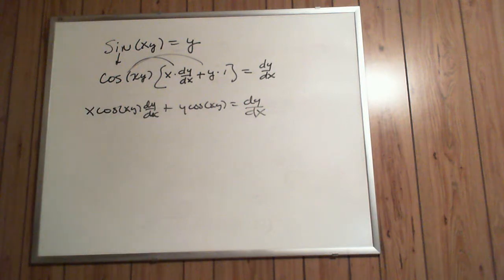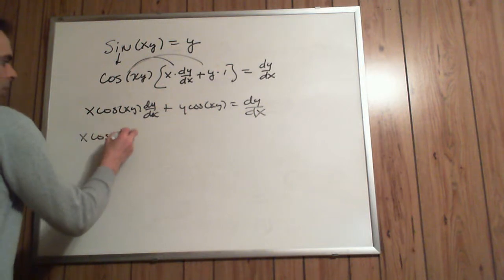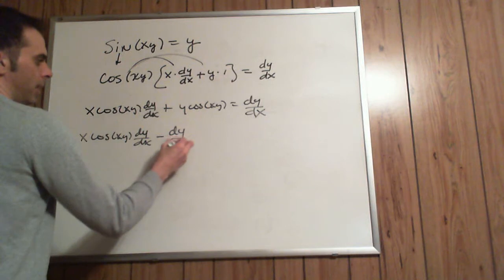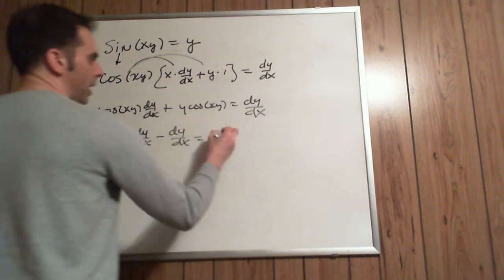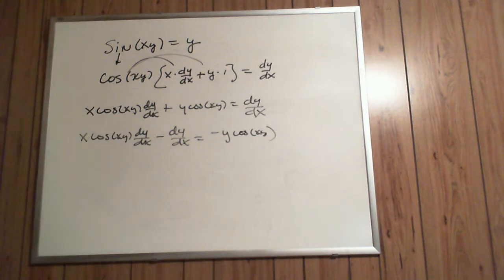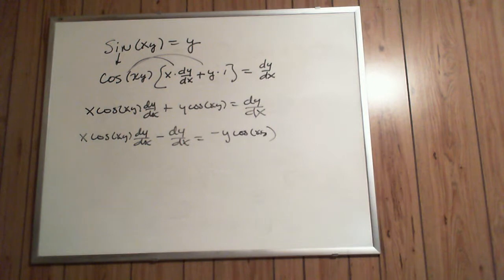Get all the dy dx's to one side. So x cosine of xy dy dx minus dy dx equals negative y cosine of xy. So I'm going to take this over here and make it negative, take this over and make it negative.